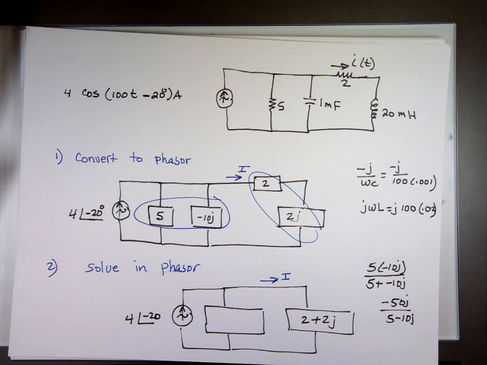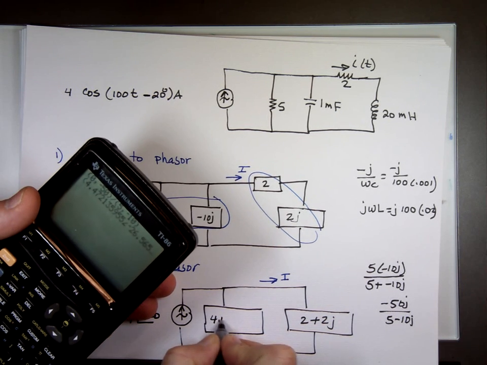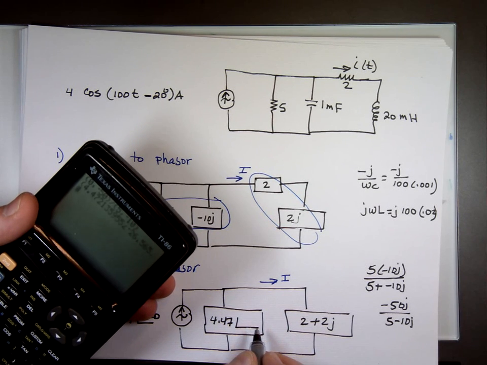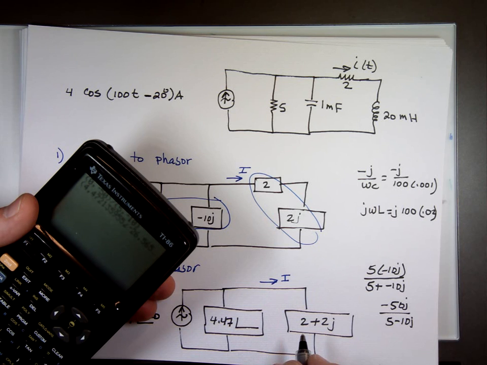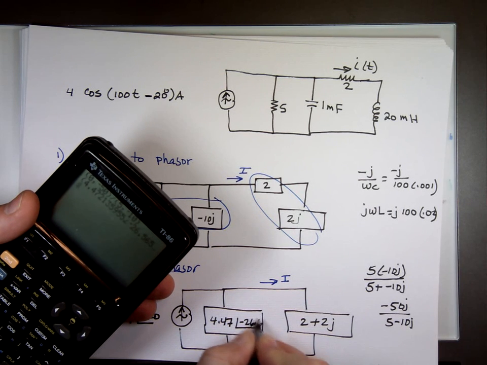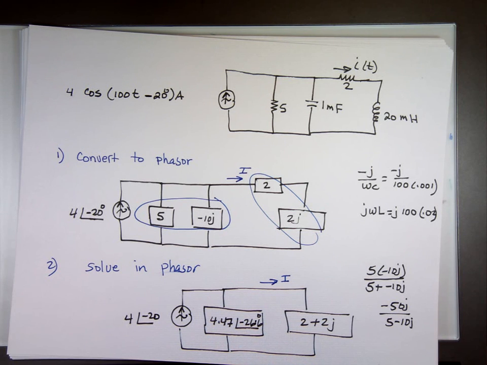Let's see what that value is. Using the calculator, negative 50 divided by 5 comma negative 10, I get 4.47, in Phasor or polar form, with an angle of roughly negative 26.6.